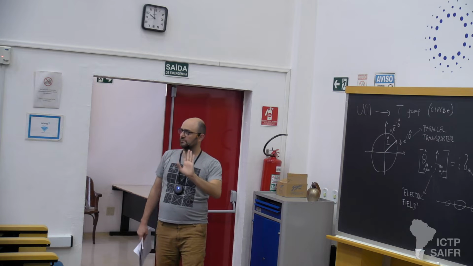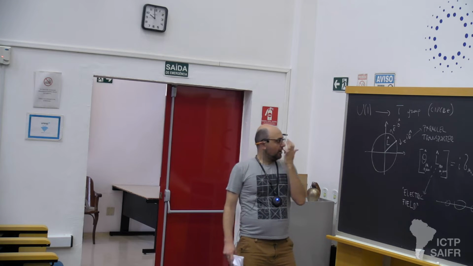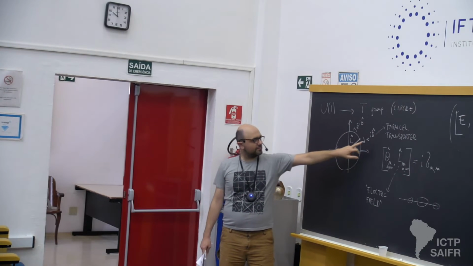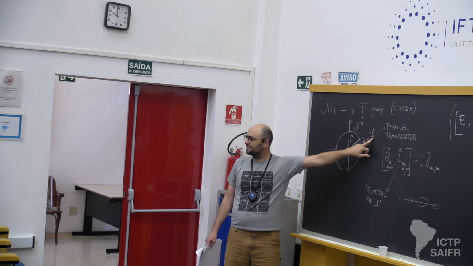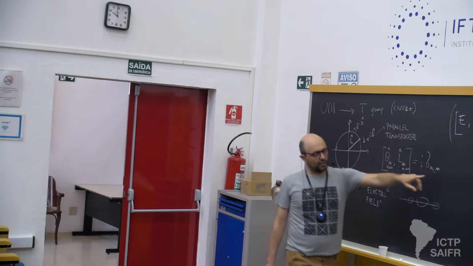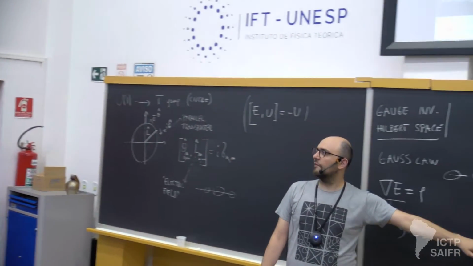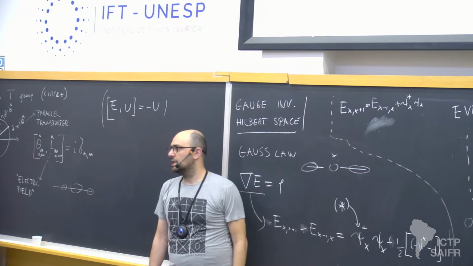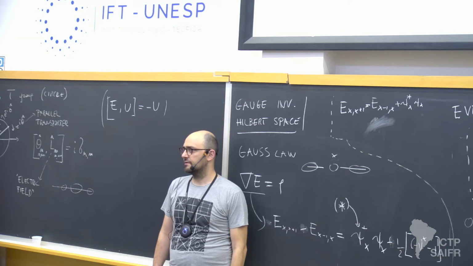This is the statement I want to make. Of course, you can also quantize this problem in the basis of theta. This will be kind of a momentum for this particle, but that's not useful for us because Gauss law only depends on L, and you want something where it's easy to identify the states with different electric fields.